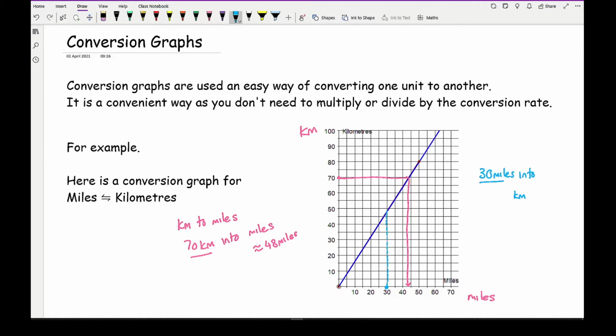As soon as it hits the line I would then draw a horizontal line and find what value along the kilometers axis it equals, which I would say is about 46 kilometers, or maybe 48 actually, call it 48. So as you can see, all it's about is approximating, and you read the values from this.